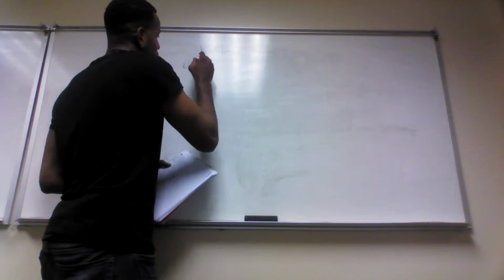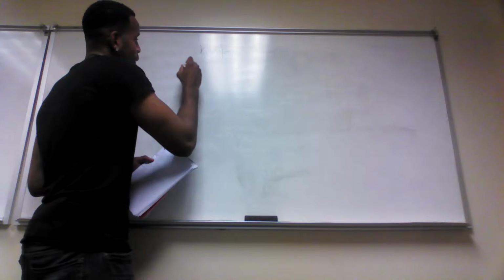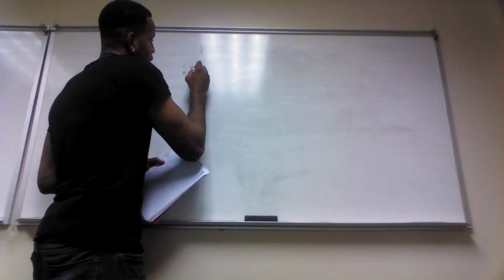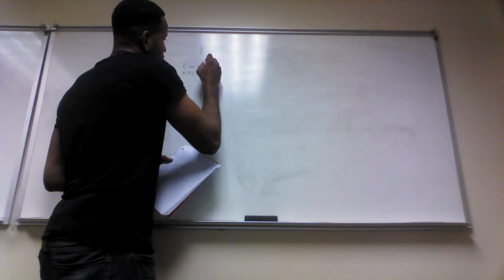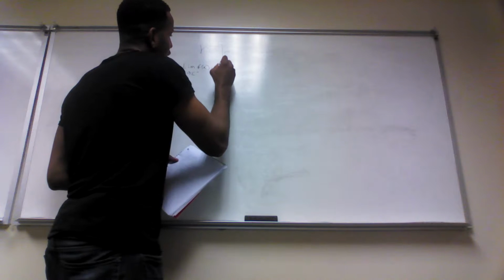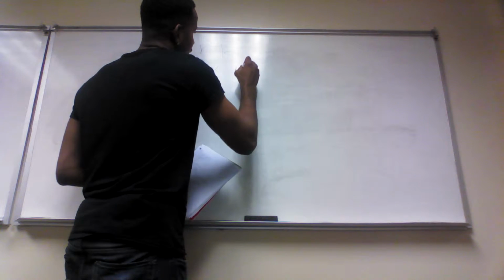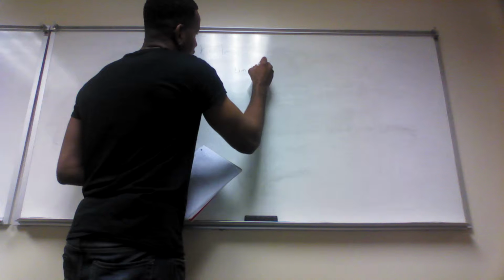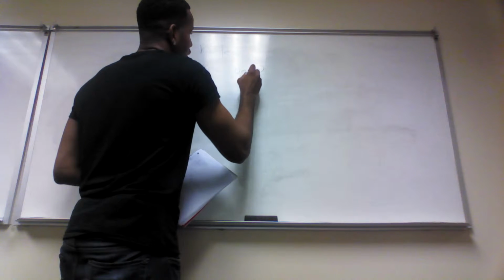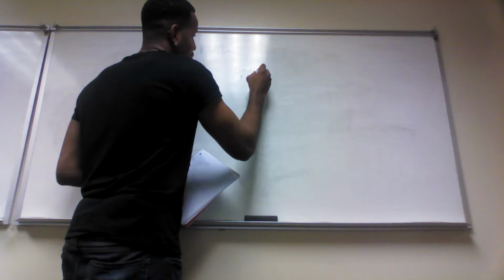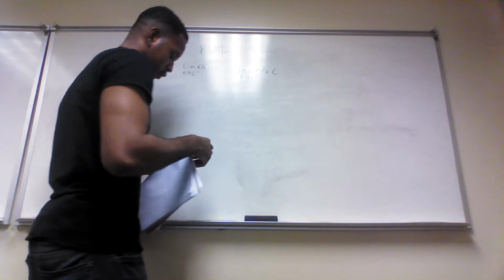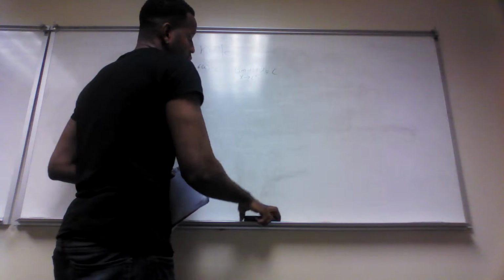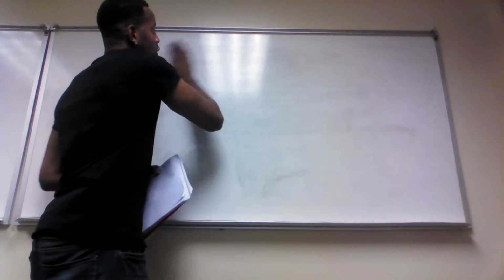Meaning the limit as x approaches c from the left of f of x has to equal c, and the limit of f of x as x approaches c from the right has to equal c. Well, we know that, so what if there's a constant?